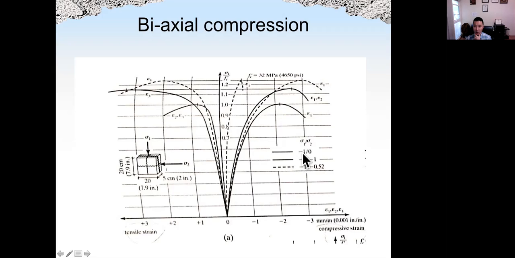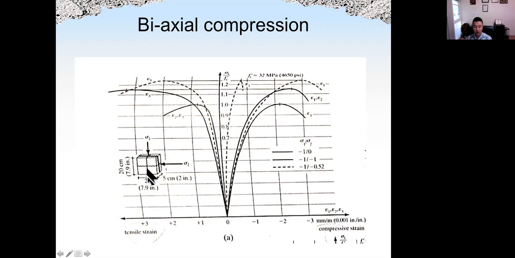Okay, so -1 over 0 means the sigma 1 is compression, but sigma 2 is 0. So we have no compression in the horizontal direction. Okay. And then the next one is -1 over -1, which means sigma 1 and sigma 2 will be the same compression. Okay. And then we have around 50% compression in the sigma 2 direction, in the horizontal direction.